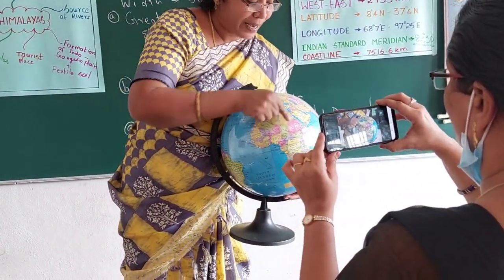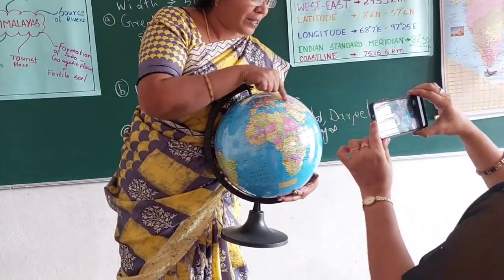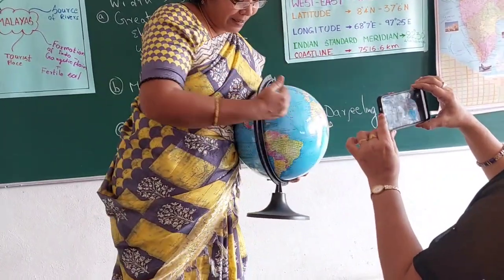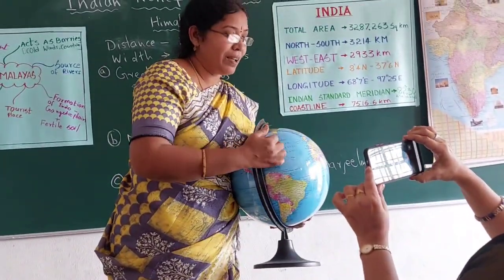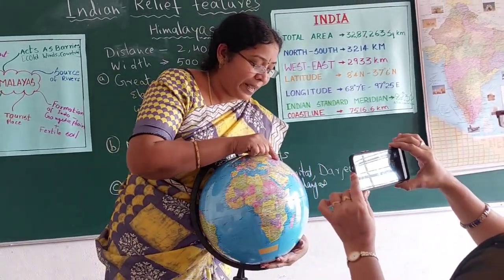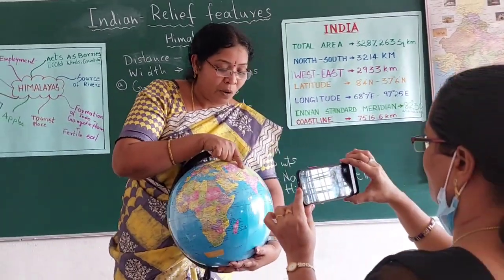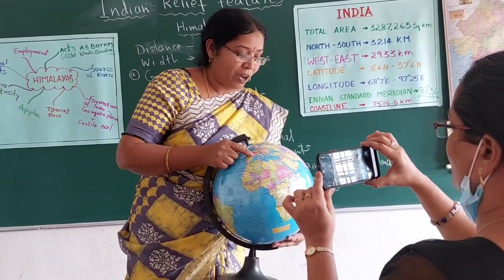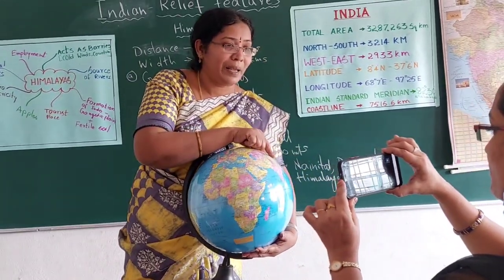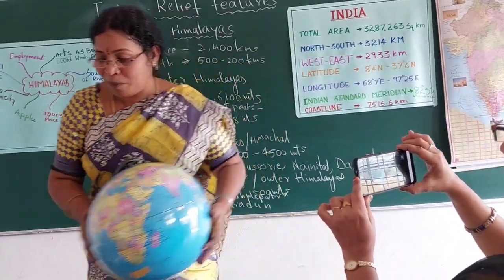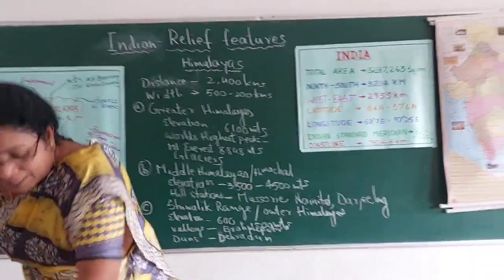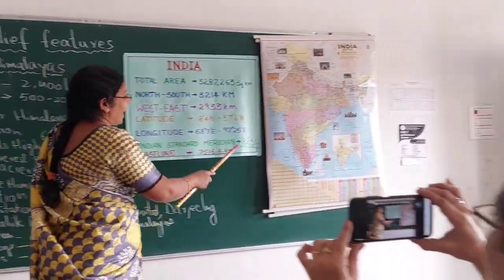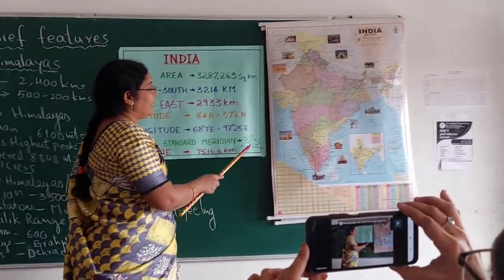These countries will be ahead because they are east, and these countries are behind because they are on the west. So India is located here, 5.5 hours is the time difference between Greenwich longitude and Indian Standard Meridian. Exactly speaking, the Indian Standard Meridian is 82 degrees and 30 minutes.